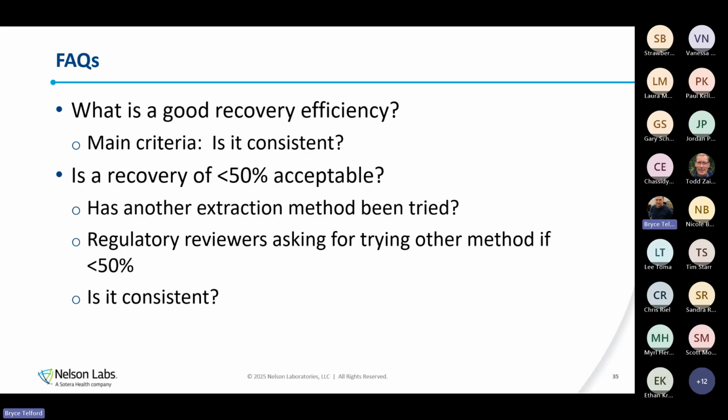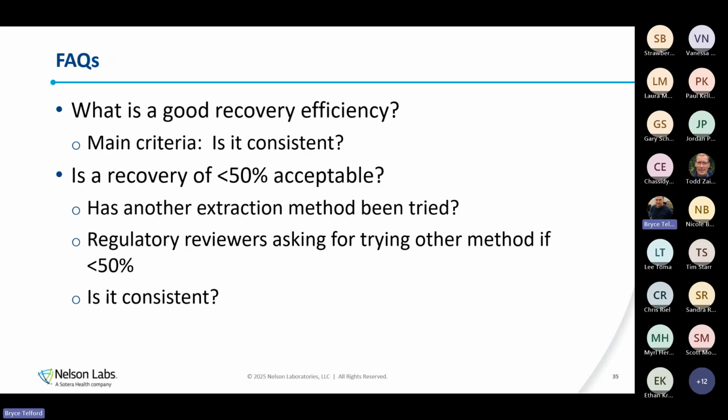So really this gets into precision versus accuracy. What I want to do is have a bioburden estimate that is both precise and accurate. But part of the way I do that is with my recovery efficiency. And is it consistent? If my recovery efficiency is not consistent, I may have a recovery of 25%, 50%, 75%.